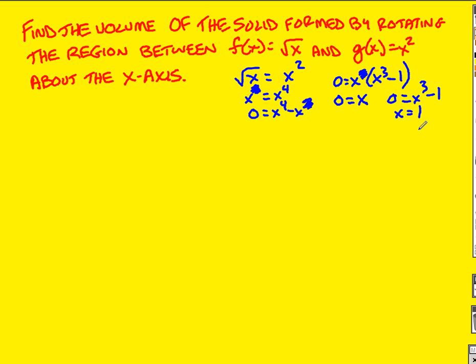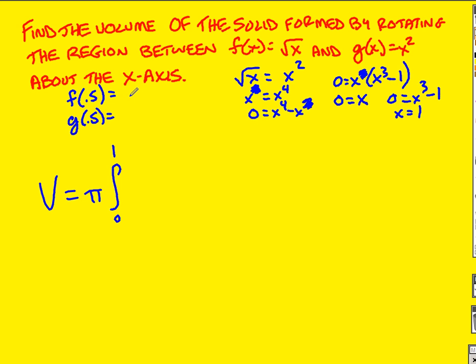So that means when I do my volume equals pi times the integral from 0 to 1 of, now what's the big function, what's the little function? To figure that out, I need to plug in f of 0.5 and g of 0.5 to see exactly what's bigger at the beginning, the square root of x or x squared.